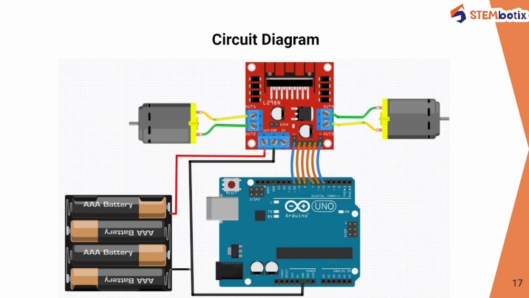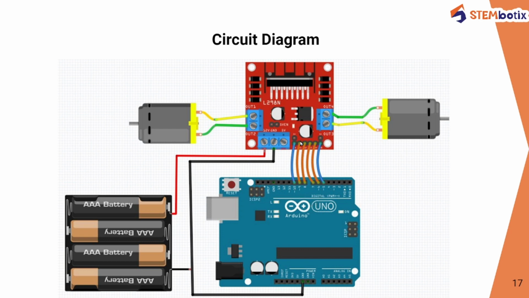So this is the circuit diagram. Here we have connected two motors and a power supply with Arduino Uno. The first motor, motor A, is connected at this channel and motor B is connected here. After that, we have connected the enable pins, enable A and enable B, on pin number 10 and pin number 5.